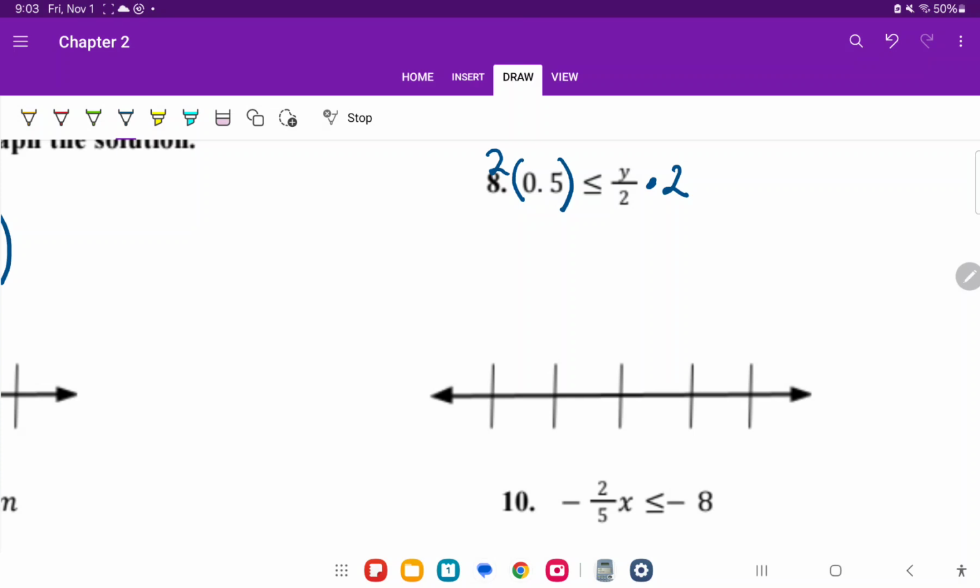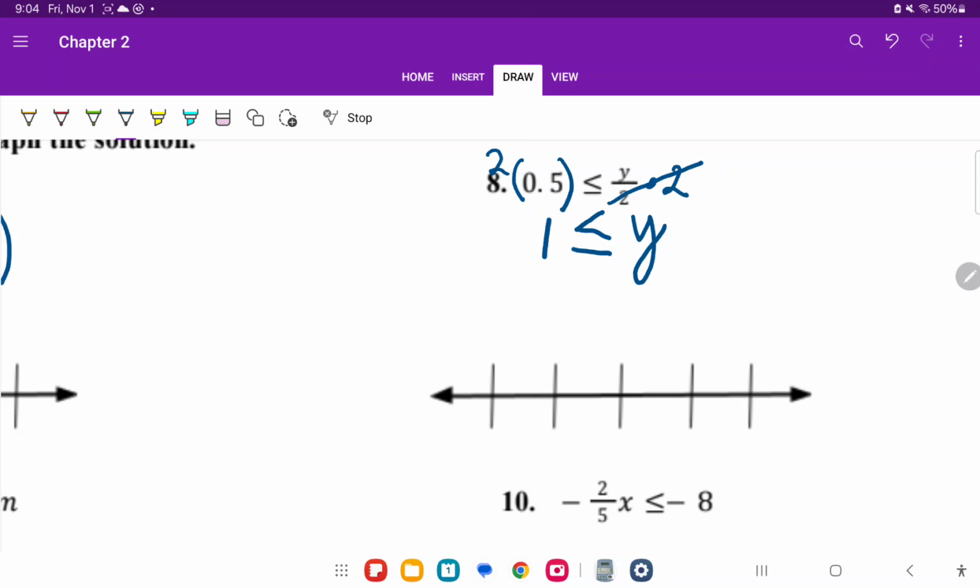All right. So Jarrett, what is 2 times 0.5? 1. Just 1. Now, this one, we're not multiplying by a negative. So this is not going to have to switch right there, right? So over here, I'm just left with the y, right? Yep.